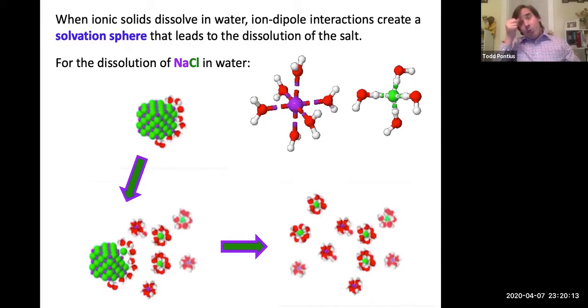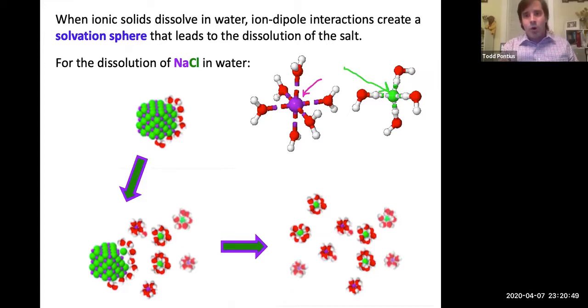So, taking a more realistic look at what's happening here. Let's look at the dissolution of sodium chloride in water. Water forms what's called a solvation sphere around the Na plus and the Cl minus. We can see here that we have our Na pluses, and the positive charge of sodium is attracted to the partial negative of water, and then our chlorides here are attracted to the partial positive side of water.